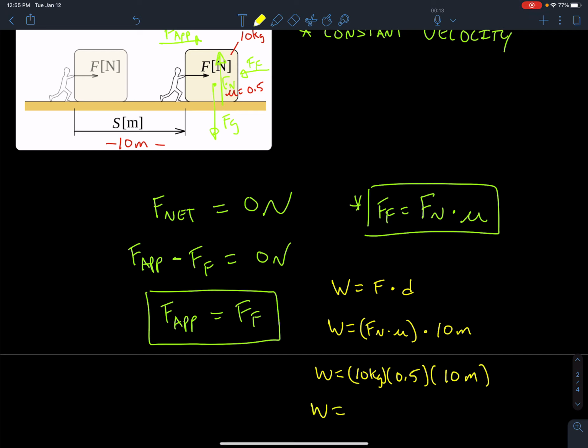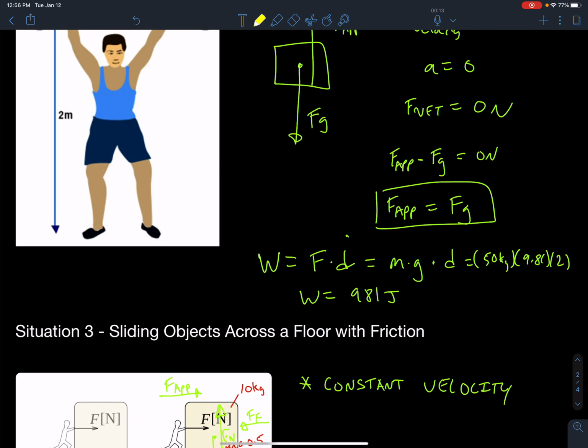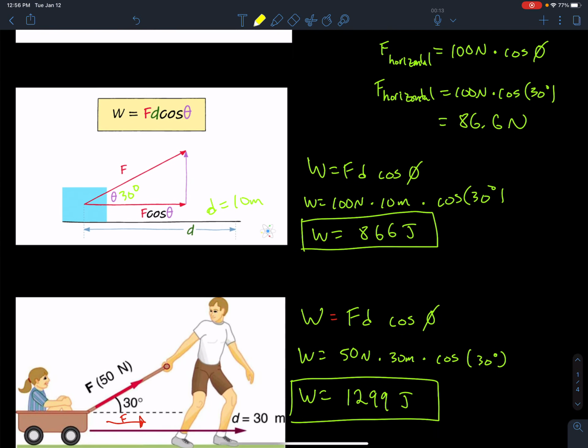And now the work is going to be equal to 50 joules. So 10 times 10 is 100 times 0.5. So it would take him 50 joules to slide 10 kilograms, 10 meters across the floor. All right? And that's that for some basic calculations on work when we're moving objects in reality.